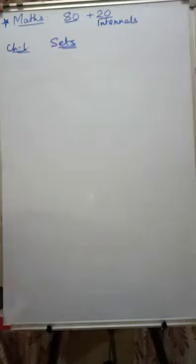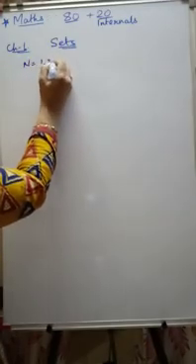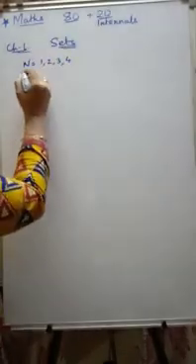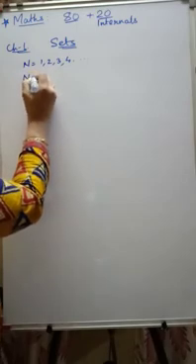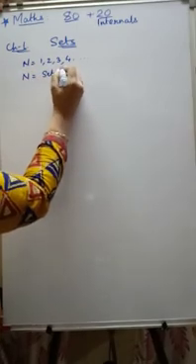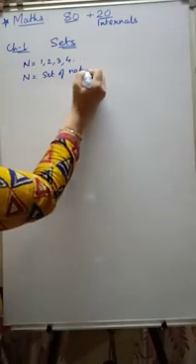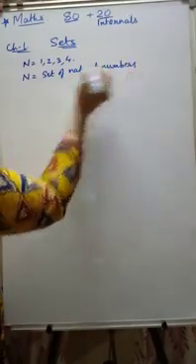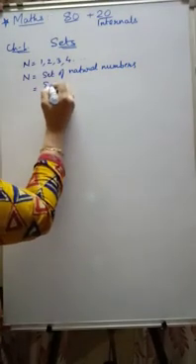Yesterday, as I told you, you must know what natural numbers and whole numbers are. You write that as N equals 1, 2, 3, 4, 5, like this. Now, sets. Sets means you need to write N is equal to the set of natural numbers, and in set form you have to write it like this.